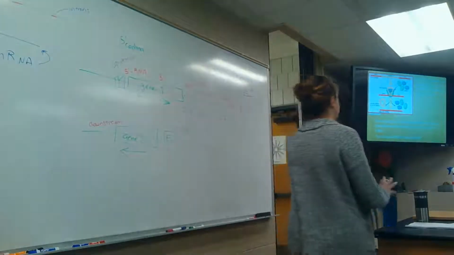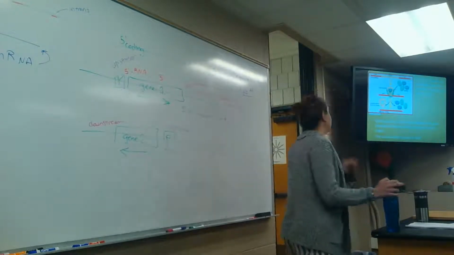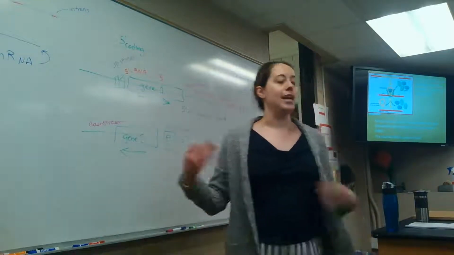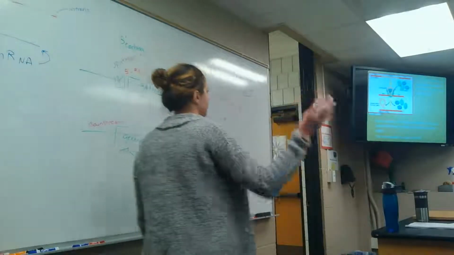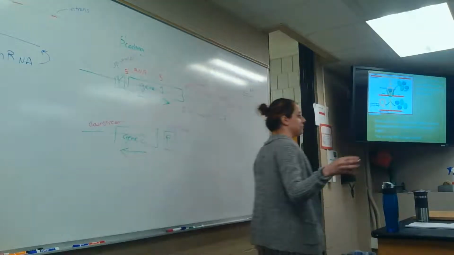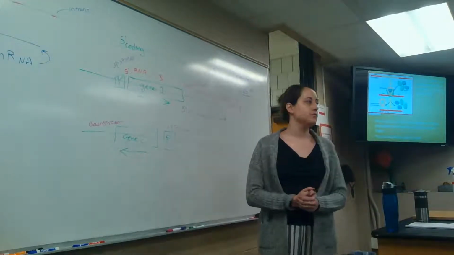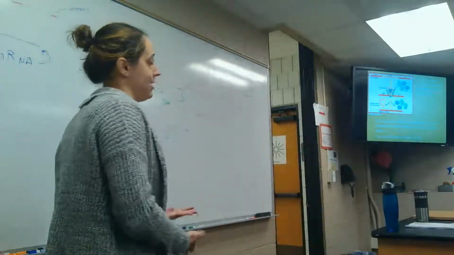So this process occurs by what they call a spliceosome. And the spliceosome is what does the splicing. And it actually, again, cuts that phosphodiester backbone, and it takes those introns right out. And then it ligates the phosphodiester backbone.